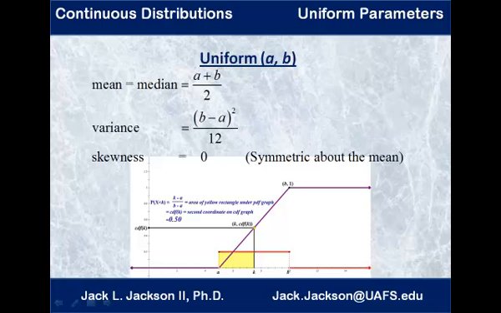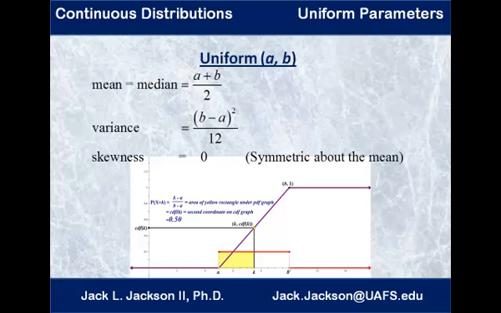Now we have some parameters here. I think it's not too hard to see that the mean and the median are both the same here. Remember, the median is the point where half the area is below it. Well, I think you can see that half the area is going to happen exactly halfway between A and B. And of course, to find a number halfway between two others, we're just finding their mean, or their average, in other words.